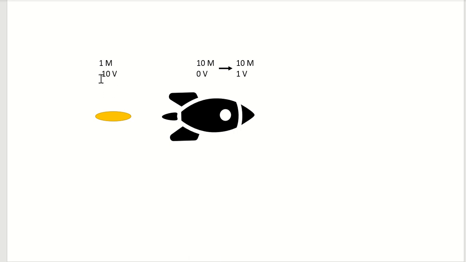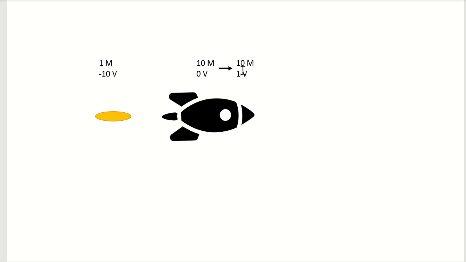I put a minus here just to emphasize that the direction is opposite from the point of view of the rocket, but that really isn't that important. What is important is that the rocket gave this unit of fuel some change in momentum, and thus the rocket also gained the same change in momentum in the opposite direction. So it gained 1 velocity.